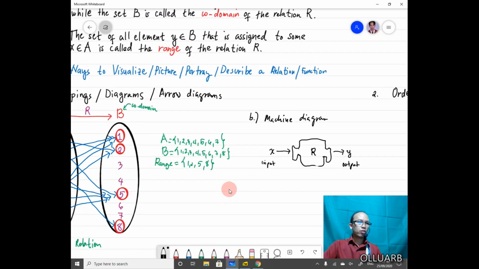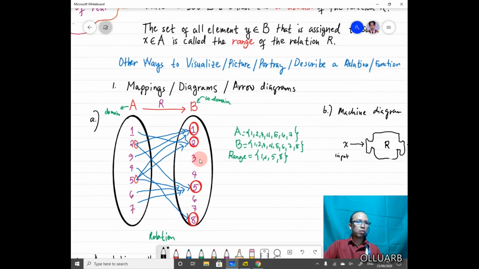So this is our input, this is our output, and this is our machine. Just imagine it that way.